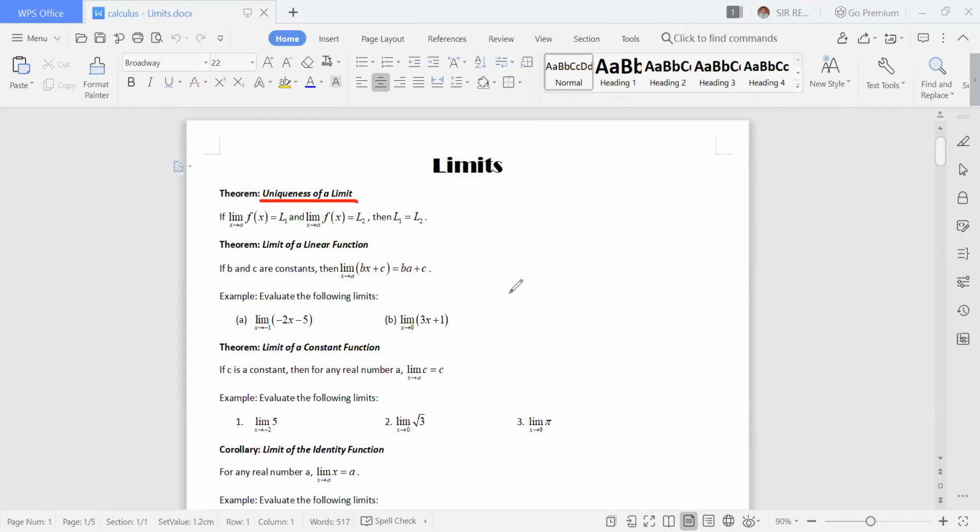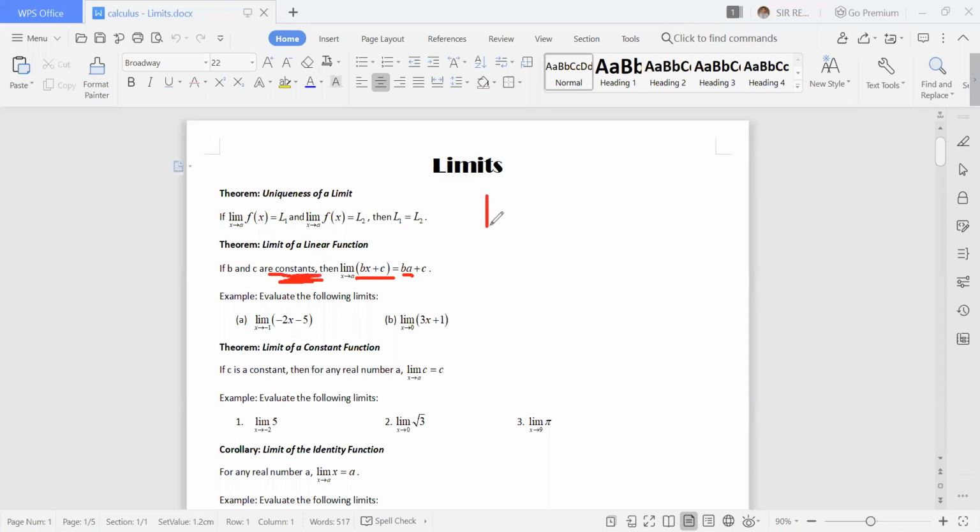The second theorem that you need to remember is the limit of a linear function. If you have a function, say something like this, the limit of bx plus c as x approaches a, you just replace the x with a. As you observe here, you replace this fixed point for your variable x. By the way, b and c are numbers or constants.